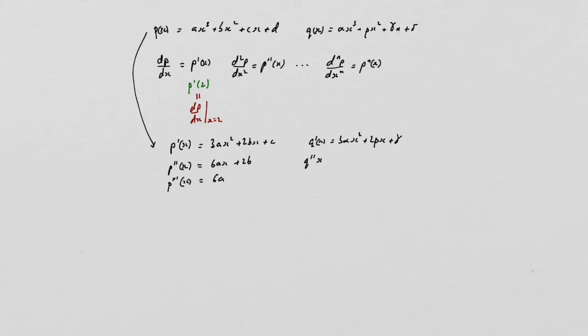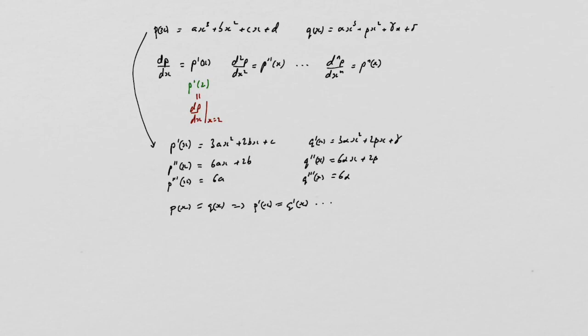Q double dashed, the second derivative, will be 6 alpha x plus 2 beta, and then the third derivative would be 6 alpha. Now, if these functions are going to be the same, then we could say that p of x would be equal to q of x. But that would also mean that p dashed of x would have to be equal to q dashed of x, and so on.